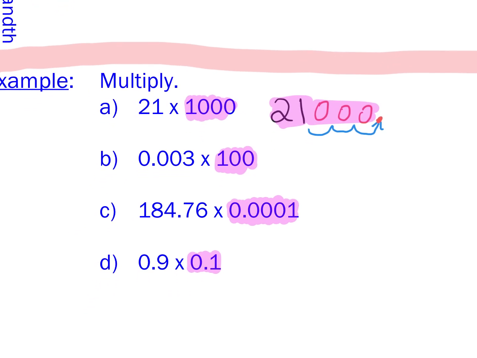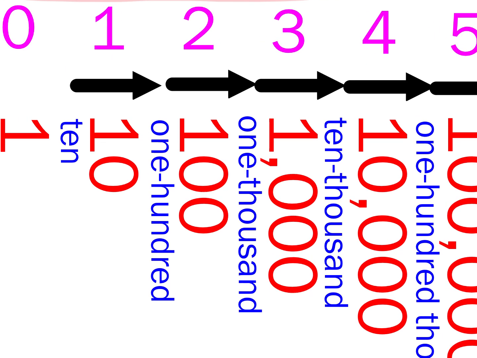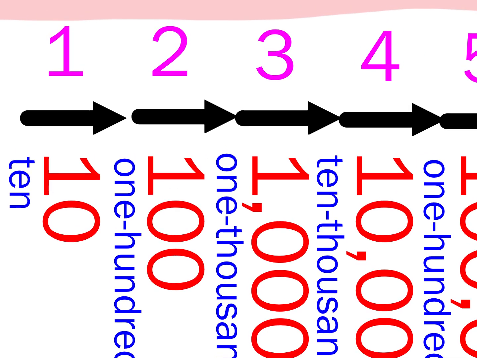Then if we multiply 0 and 3/1000ths by 100, if we consult the chart up here, when we see 100, we're going to go right 2.